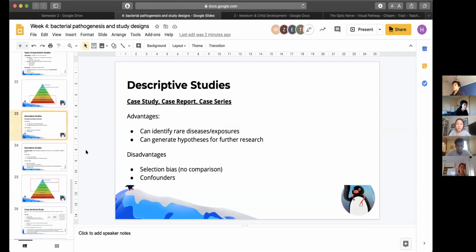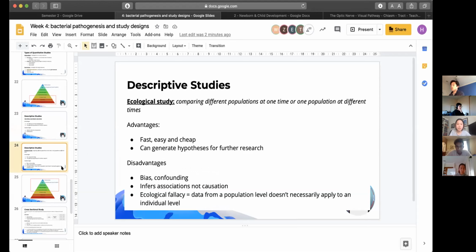Basically, the common advantage that these descriptive studies have is that they are very good for generating hypotheses for the basis of further research. They're really good for seeing whether there might be a possible link between different exposures, whether there is actually something that's worth investigating.